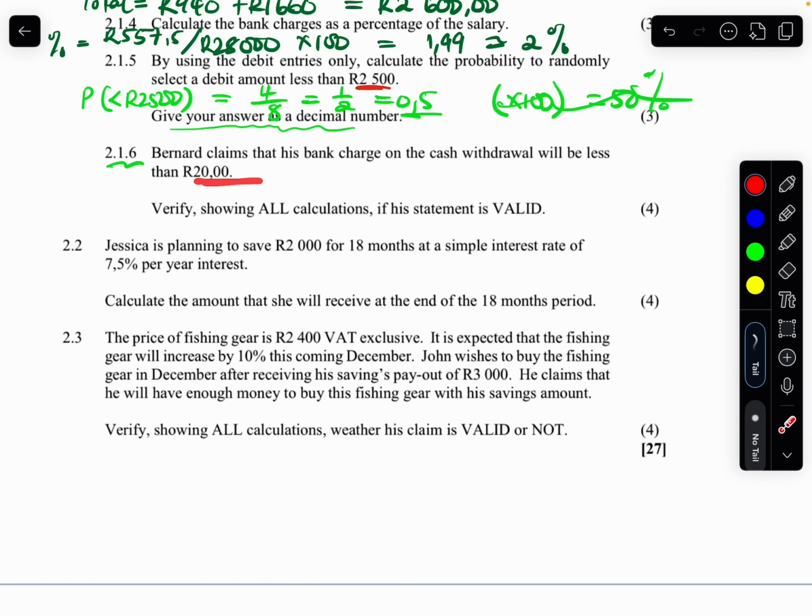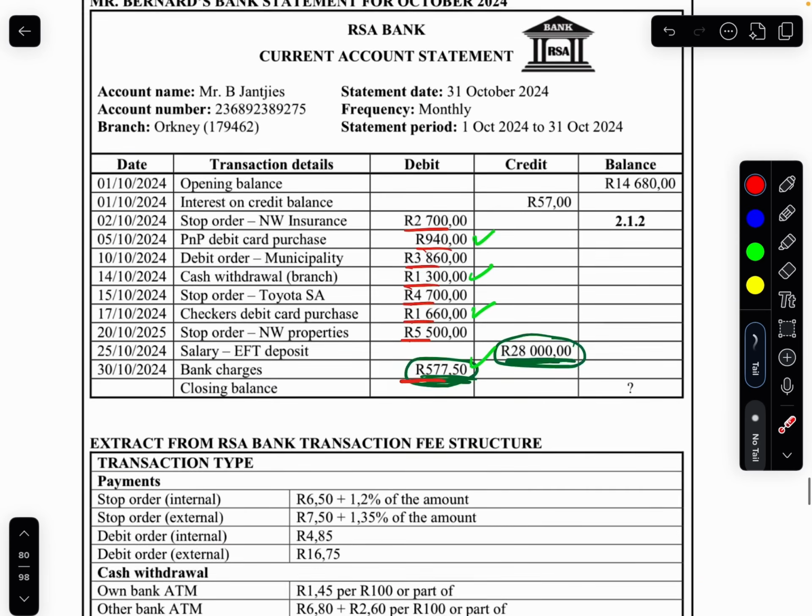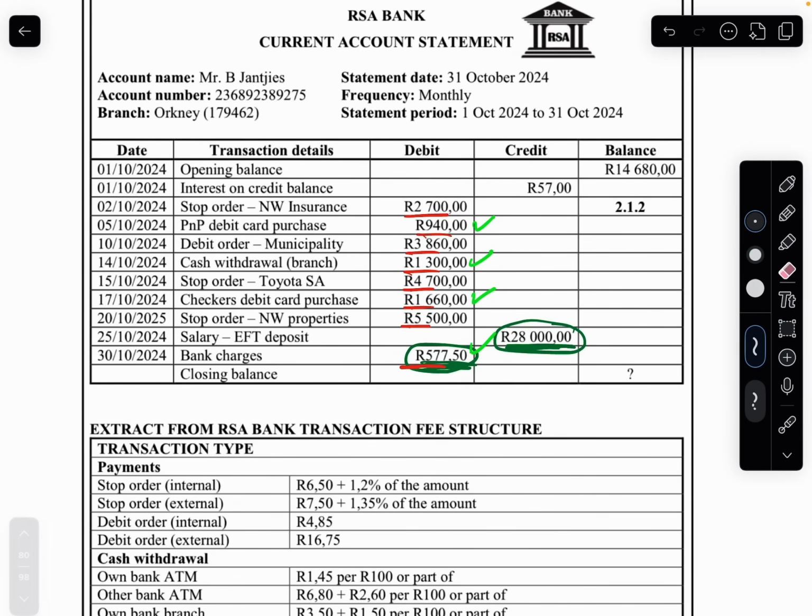He says these charges are less than 20 rand. Let's go and check the charges there. There's the cash withdrawal. He withdrew 1,300 in the branch, not in the ATM.